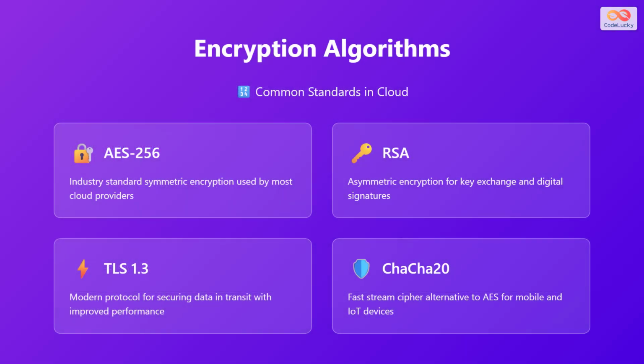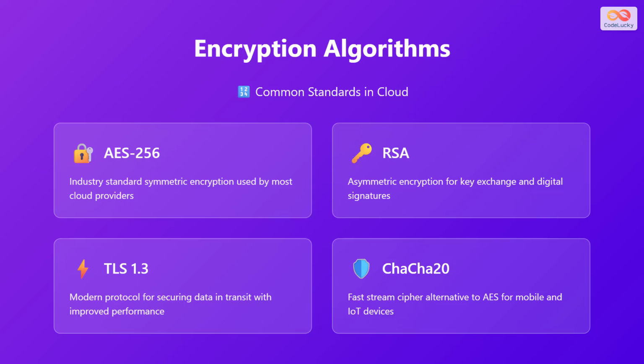Let's examine the common encryption algorithms used in cloud environments. AES-256, or Advanced Encryption Standard with a 256-bit key, is the industry-standard symmetric encryption algorithm used by virtually all major cloud providers. RSA is an asymmetric encryption algorithm primarily used for secure key exchange and creating digital signatures.